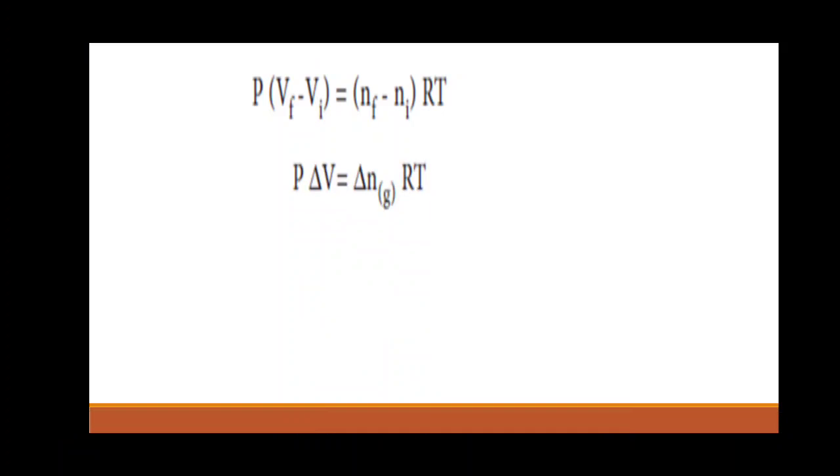So P del V equal to del Ng RT. Finally, just substitute the P del V in the change in enthalpy. Del H equal to del U plus, in place of P del V, we substitute del Ng RT.